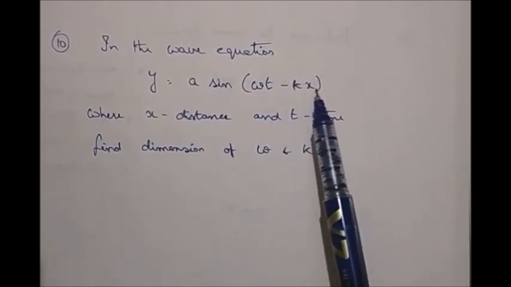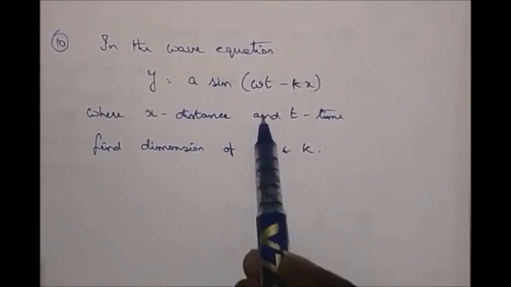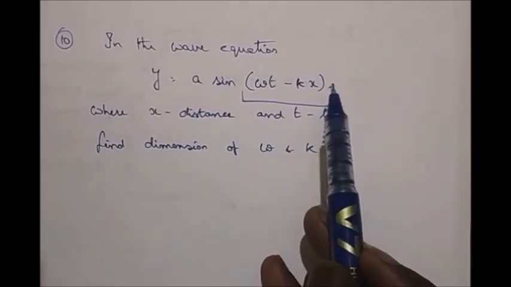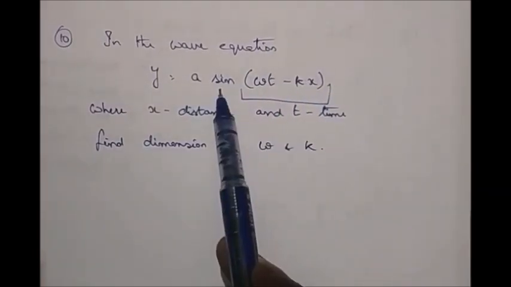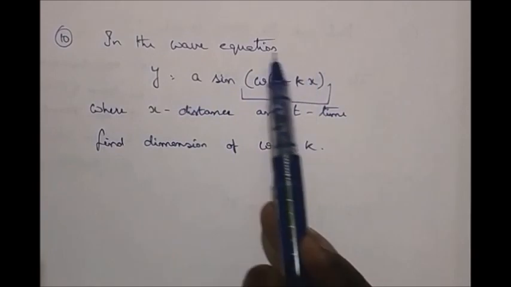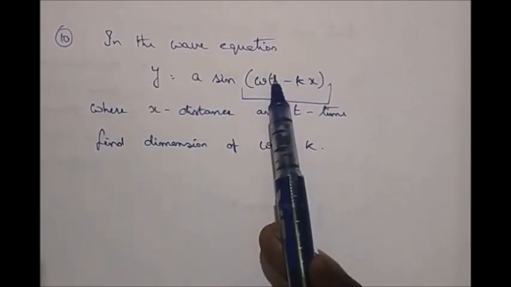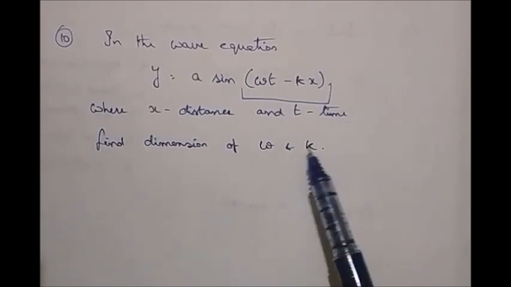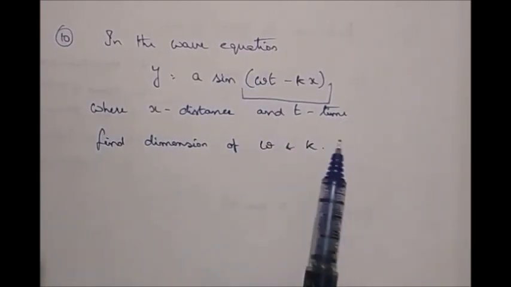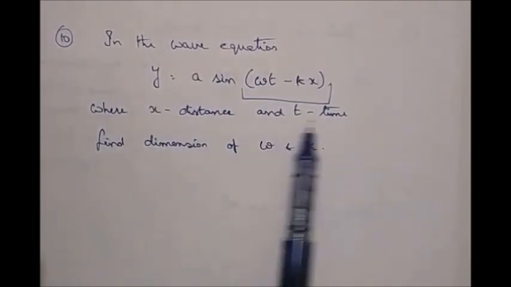Omega t minus kx, all put together, is dimensionless. Sine takes an angle, sine theta, and this entire thing is considered a theta. Theta we know is dimensionless, so sine theta is also fully dimensionless. Remember this important fact.